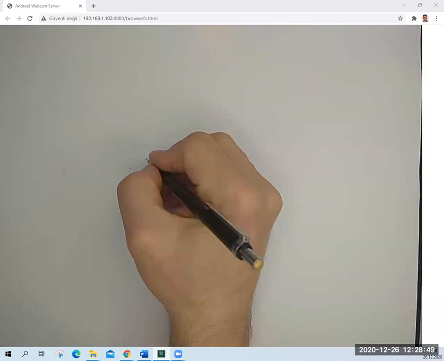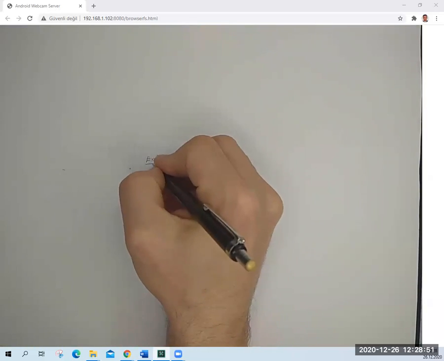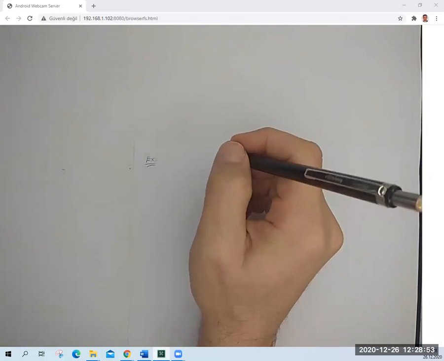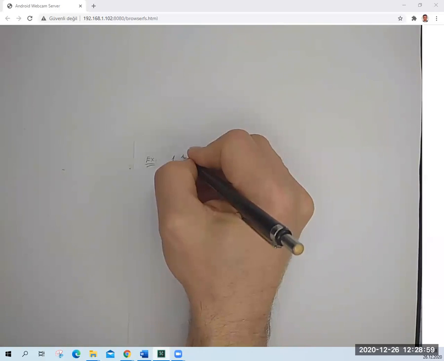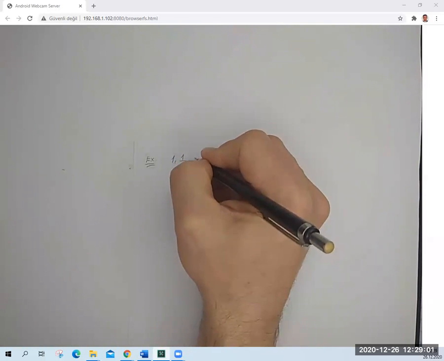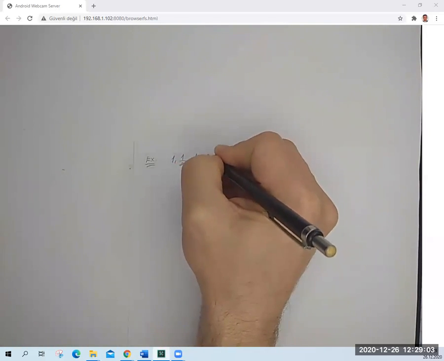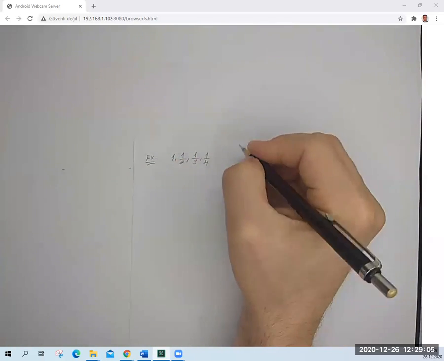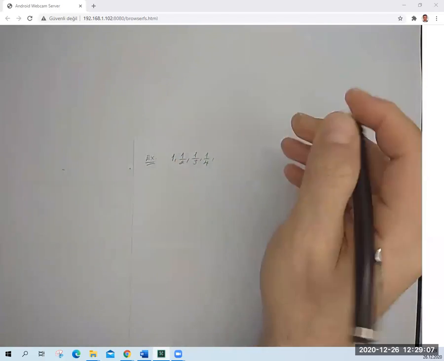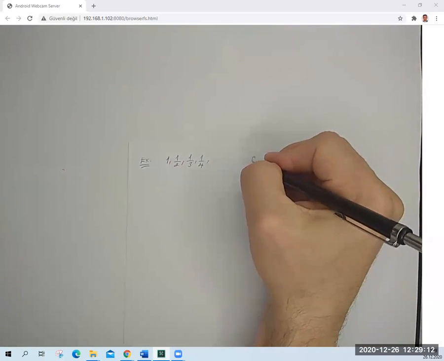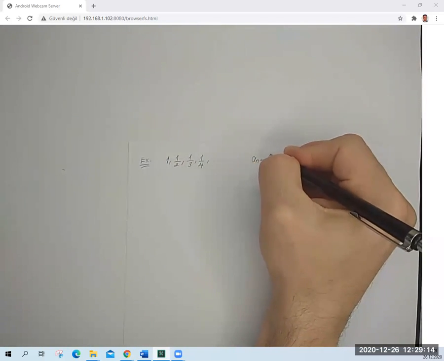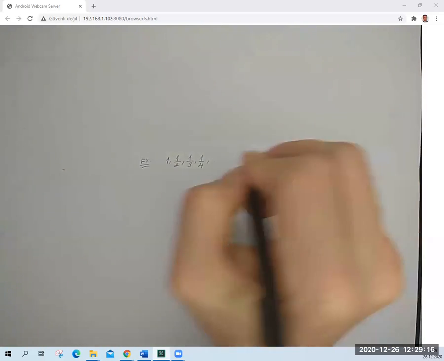Example: 1, 1/2, 1/3, 1/4. So we can define or represent that set as a_n equal to 1/n.